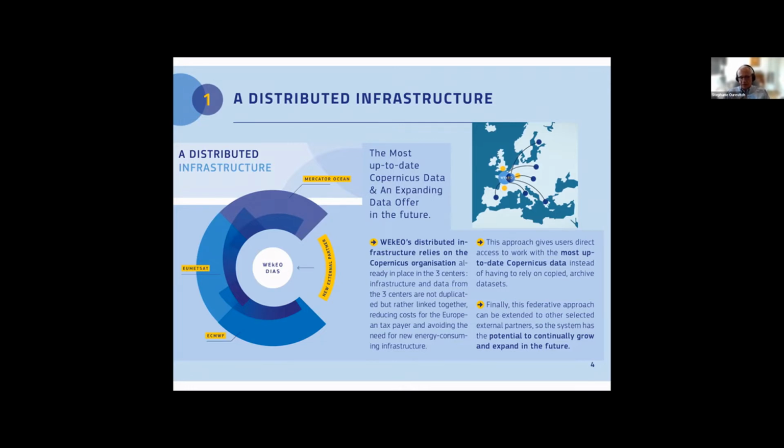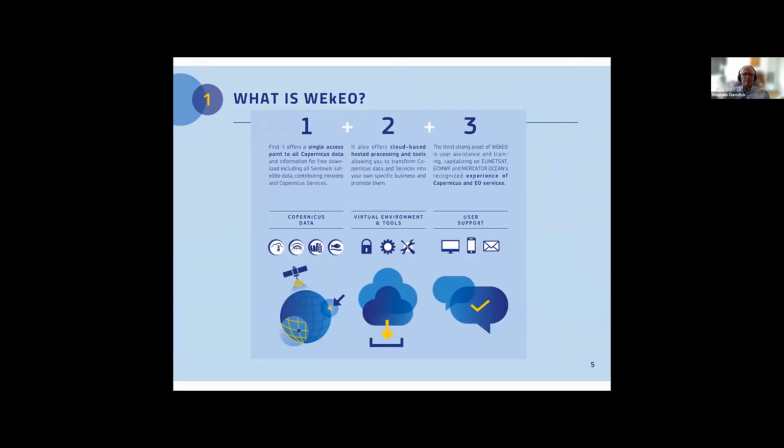The future of the DIAS is guaranteed for a minimum of 7 years. An agreement was signed with the European Commission last winter or autumn, I believe, and you also have the guarantee that any new product that would be introduced in the Copernicus product portfolio would be immediately made available through WEkEO.